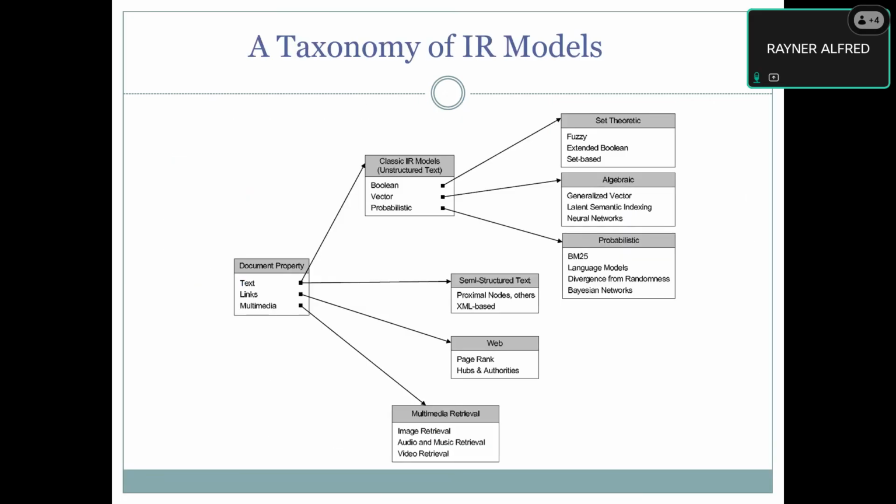When we look at the taxonomy of the IR model, nowadays we have text, links, or multimedia such as images, video, and audio. As the foundation of this course, we are looking at text only, which comprises 80% of the unstructured data that we have.